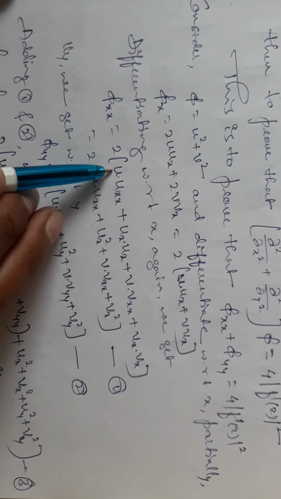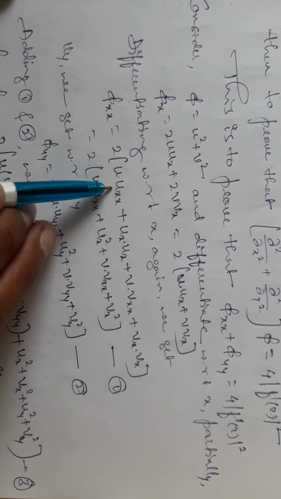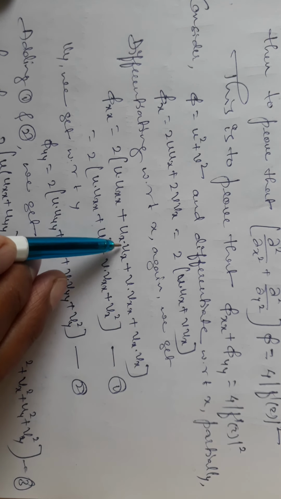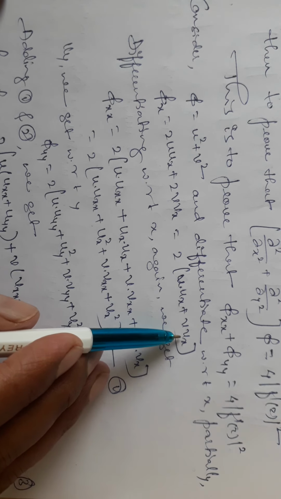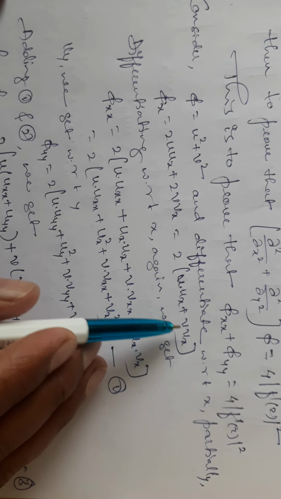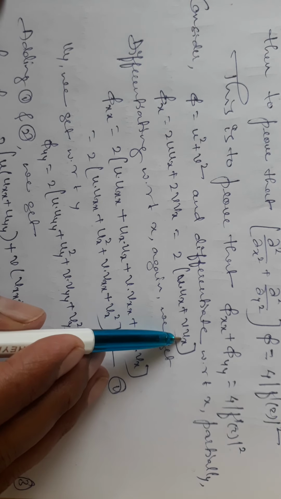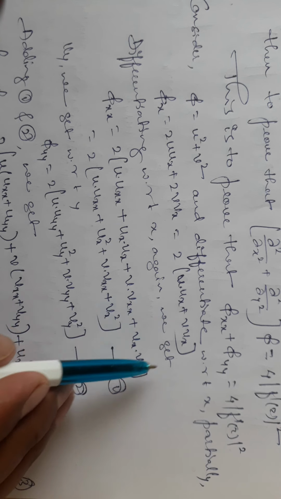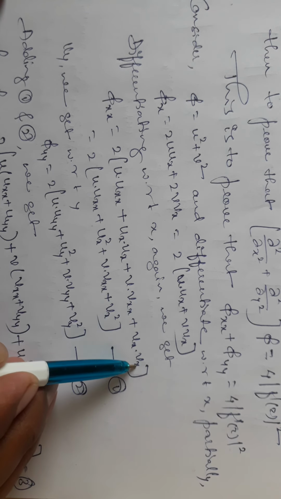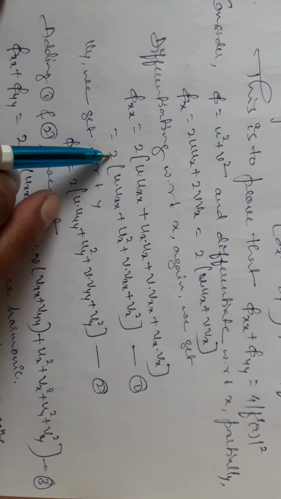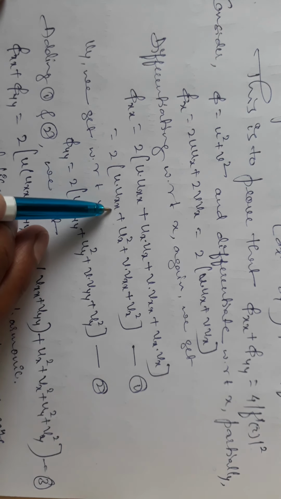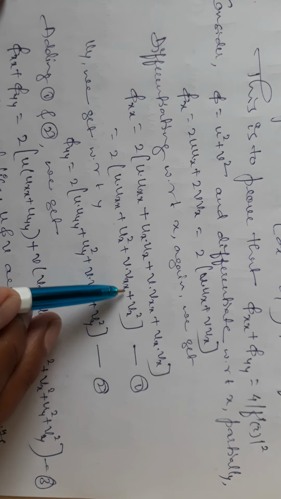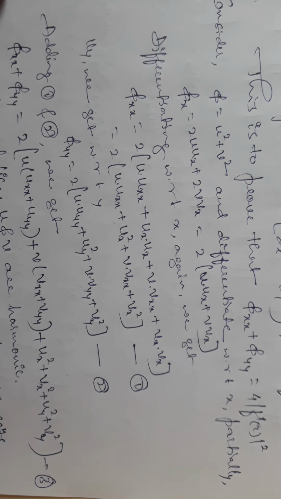Therefore keep the first function as it is, differentiation of the second function is uxx, plus keep the second function as it is, differentiation of the first function is ux, so ux into ux, plus come to the second part, that is v into vx, keep v as it is, differentiation of vx is vxx, plus differentiation of the first part keeping the second part, therefore vx into vx. Simplifying, 2 times u into uxx plus ux into ux is ux whole square, plus v into vxx plus vx into vx is vx whole square.